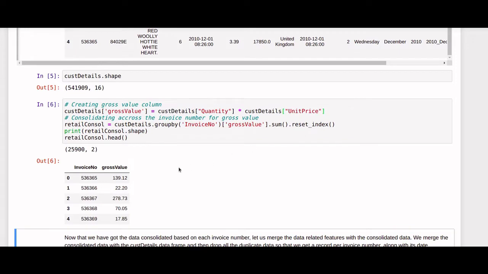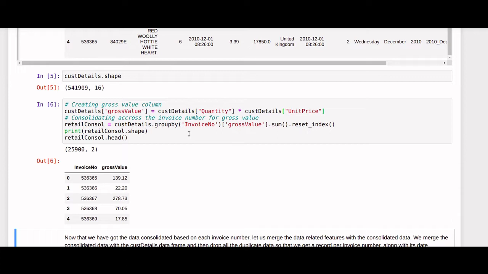So we got the gross value, and then here what we are doing is grouping these unique invoice numbers according to the gross value. And why we are doing this is because, as we said, we want to understand the different states, the uniqueness in the states, and then we'll be doing a little bit of exploratory data analysis and some visualizations to understand different behaviors in terms of the buying behaviors across characteristics like the months, the month periods, and the days of the week.